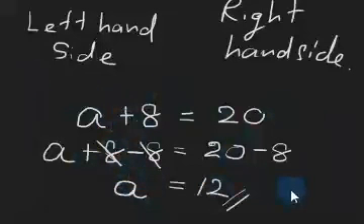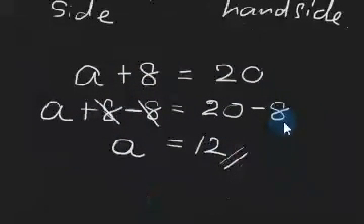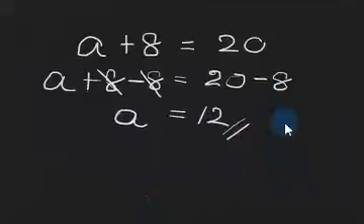Okay. Now, suppose if you made any mistake when you solve this equation, you can check whether you have done it correctly or not. So how do we do that? First of all, you have to take right hand side, that is equal to 20.